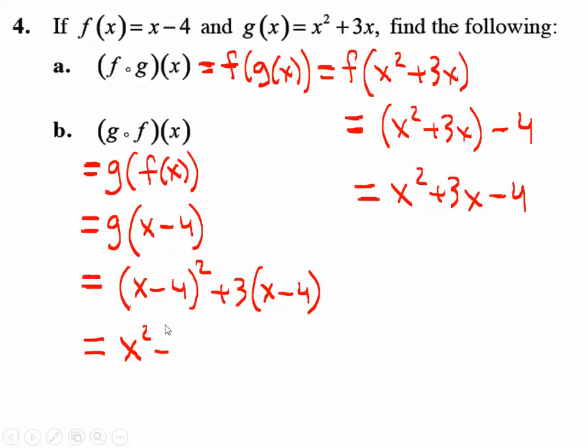Or remember the quick method. Whenever you are squaring a binomial, you square the first term, put the same sign, and do x times 4, 4x, and double it to make 8x. Then you take the minus 4 and square it.